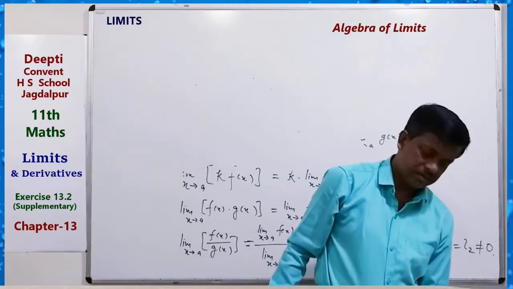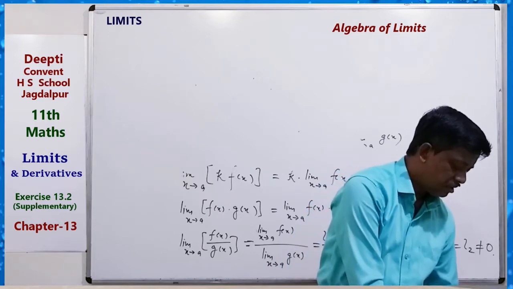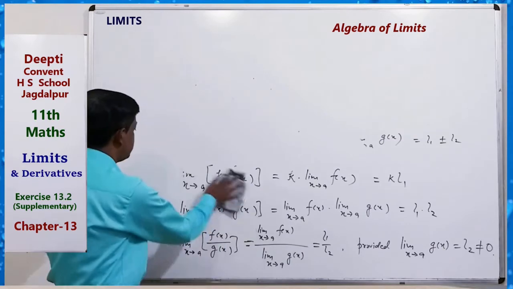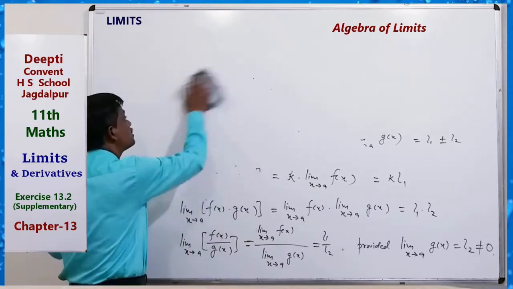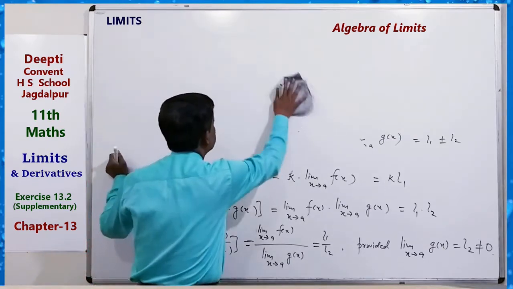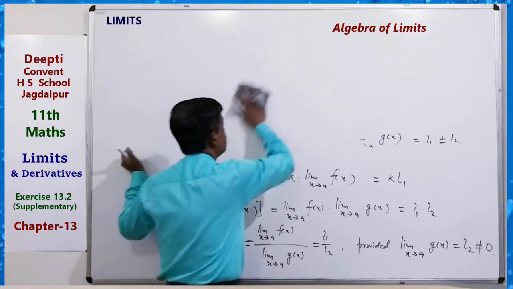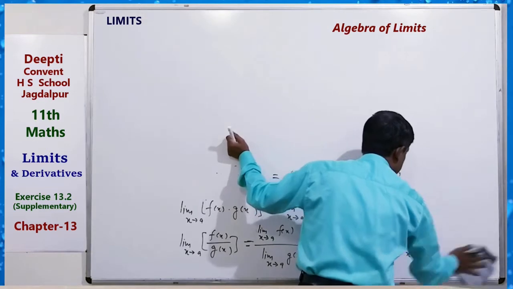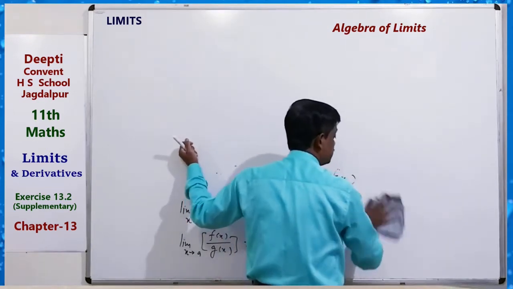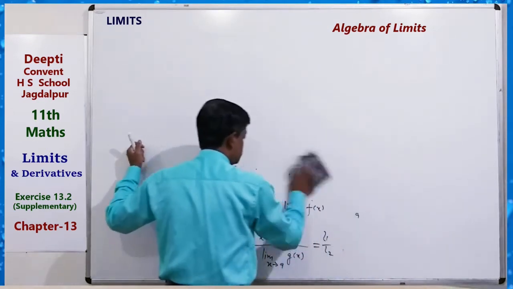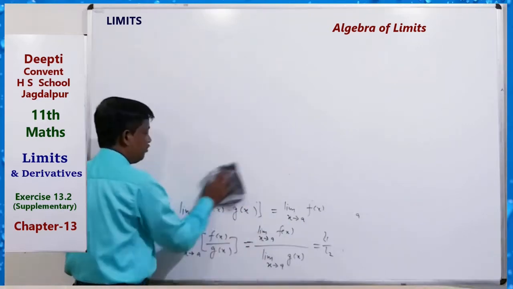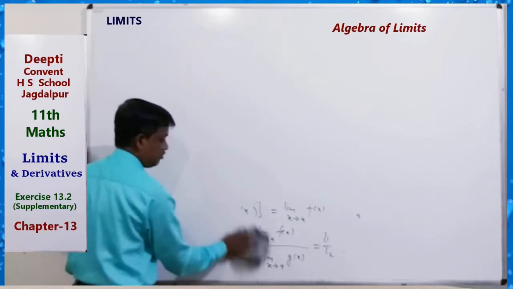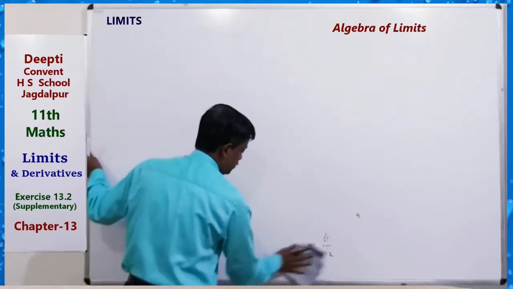And for trigonometric functions, you can also use trigonometric identities for finding limits. We can use all the trigonometric identities for reducing the function, and finally just put the value of the variable at which we require the limit.